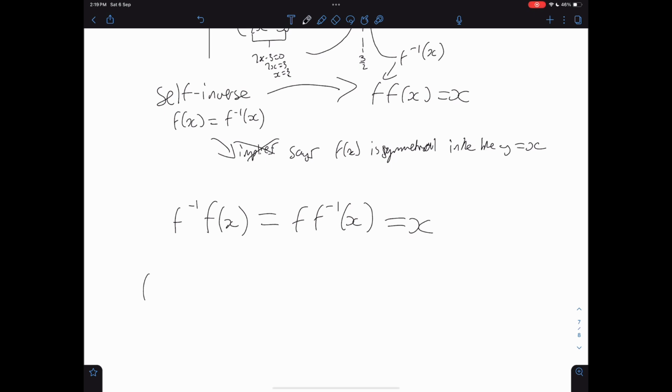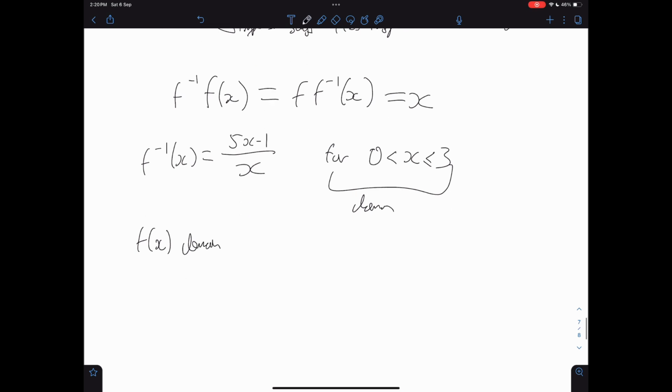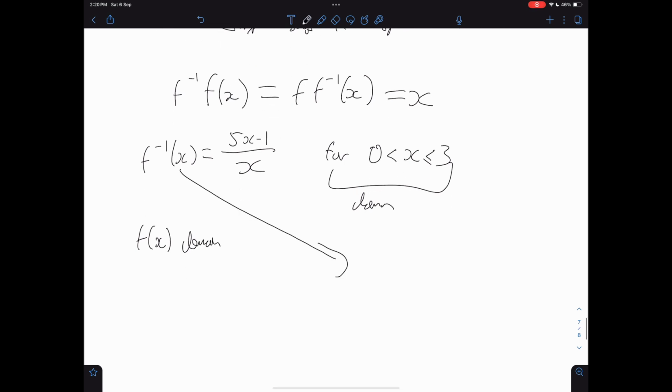Says f inverse of x equals 5x minus 1 over x for 0 less than x less than or equal to 3. So this is the domain. And if we wanted the range of the domain of that, we just need to calculate the range of f inverse of x.